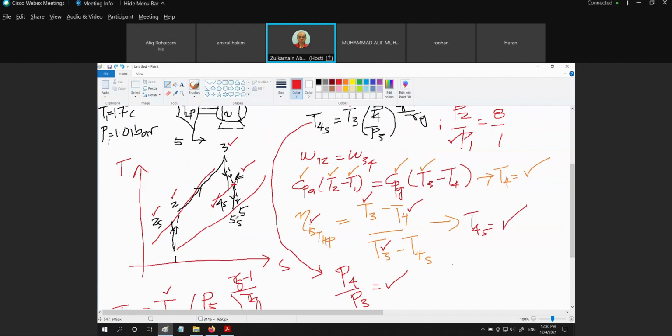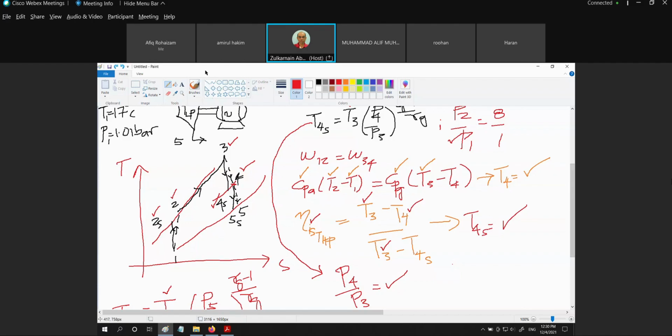This is the overall pressure ratio, P3 over P5, where P3 is equal to P2 and P5 equal to P1. So apart from P2 over P1, we can also write P3 over P5 as our overall pressure ratio.